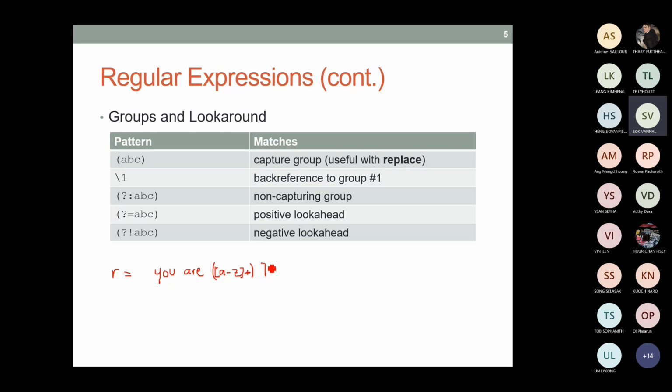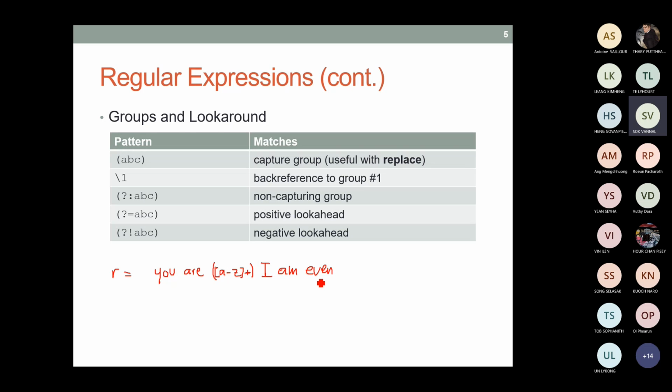And then I am even. And then here you can see that we can back reference the pattern that we have captured in a group. So this is group number 1 in our expression.